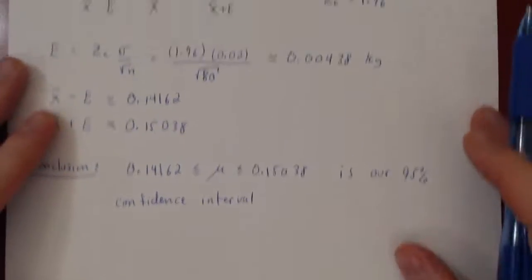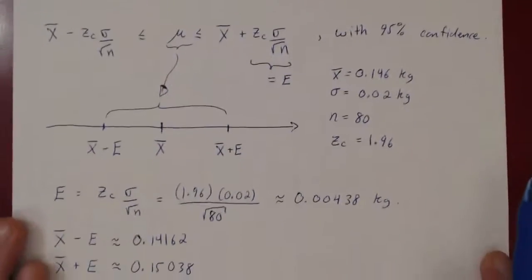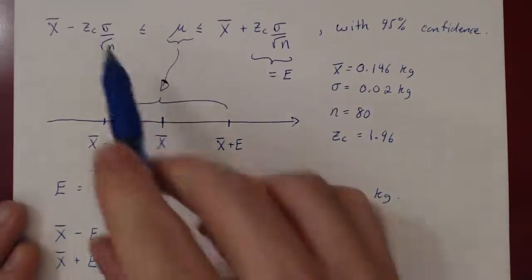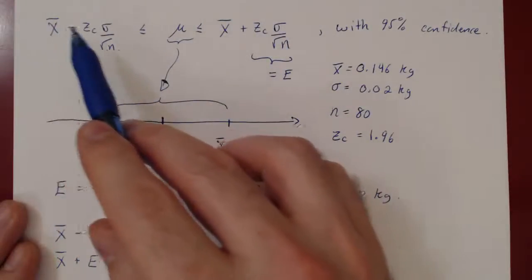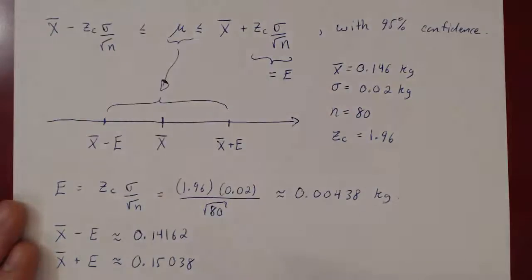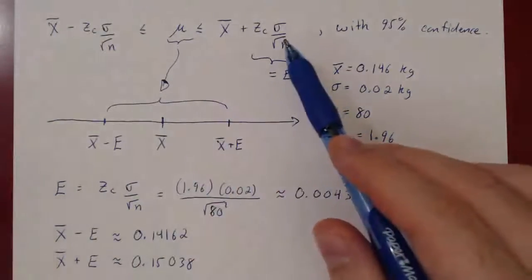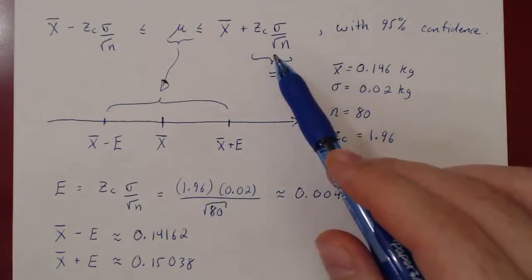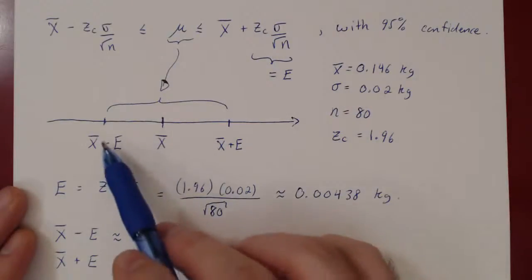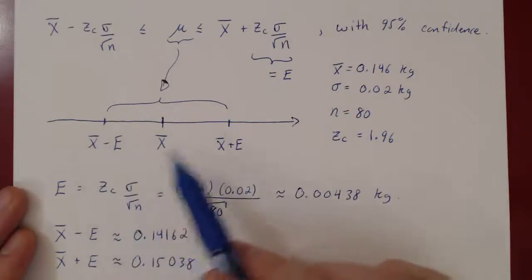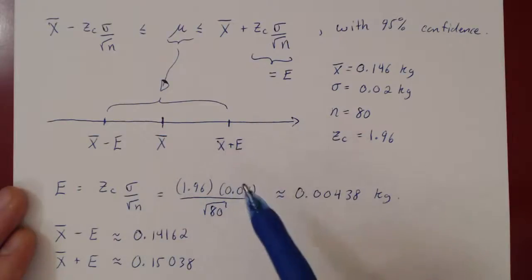And if you look at why I insisted on doing it in full generality and not replacing the quantities by the variables in the beginning, it is because no matter what problem you have for a confidence interval for a mean, this will always be the case. The left endpoint is x bar minus the error, the right endpoint x bar plus the error.